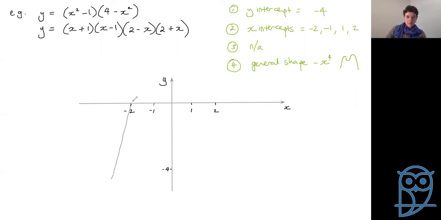We go up, down through the minus 1, across the axis at the minus 4, up through the 1, and down through the 2. And there we have our sketch of y equals x squared minus 1, 4 minus x squared, and nobody squealed.